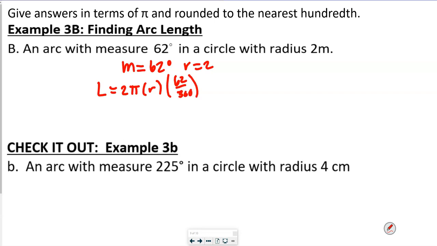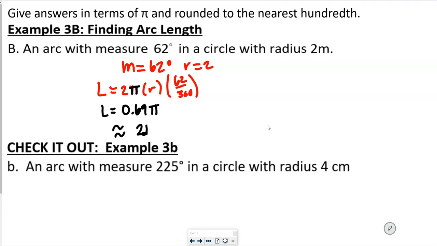Again, put all that in your calculator. And remember, once again, you're not doing pi yet, okay? So our length is going to be equal to, because we're going to give both the answer in terms of pi and rounded. Okay, so this one is 0.69 pi, and then our approximate answer is going to be 2.16.